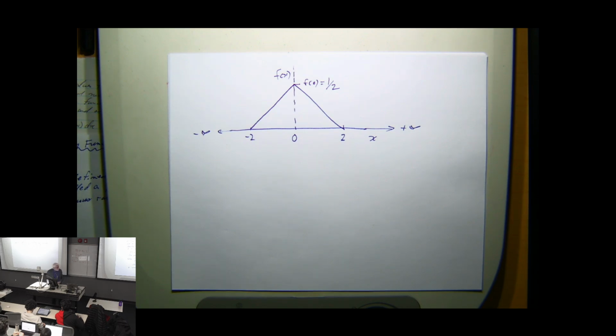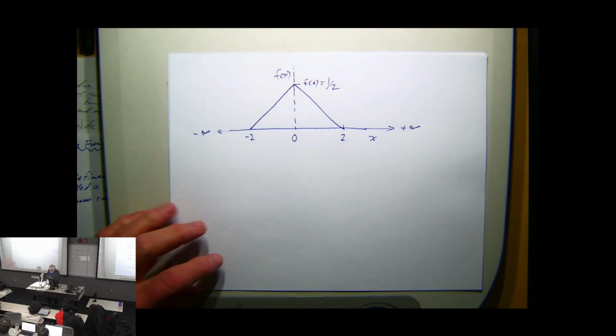Now, going back to our definition, what does this say? The probability that x falls between a and b, where a is less than or equal to b, is this integral. What that's telling us is it's just an area under the curve.